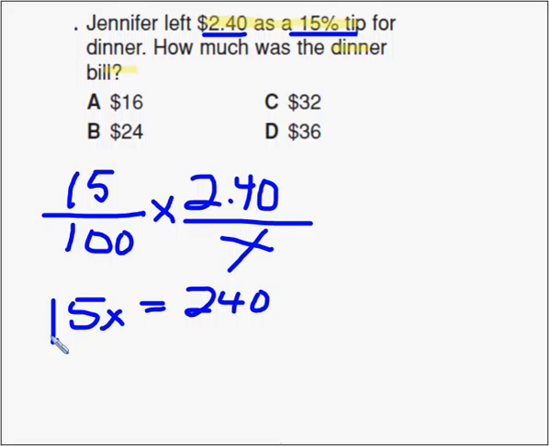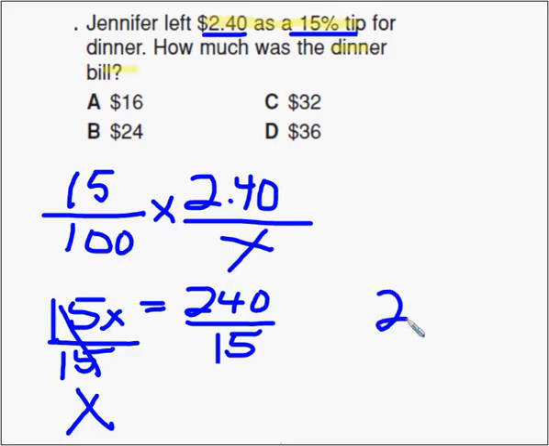And you isolate the X, divide each side by 15. Got X alone now, that's pretty cool. If I work it out, I would get 240 divided by 15. That's right, 16. So X equals 16. So the total dinner was $16.